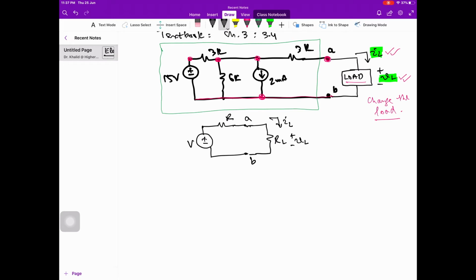We can find them quite easily because we have just a single loop.